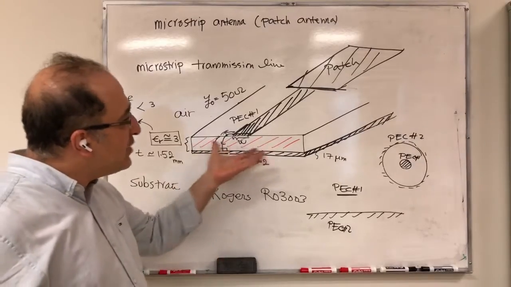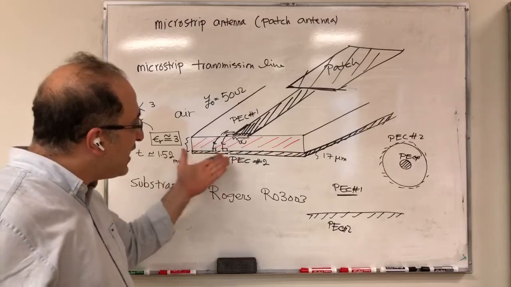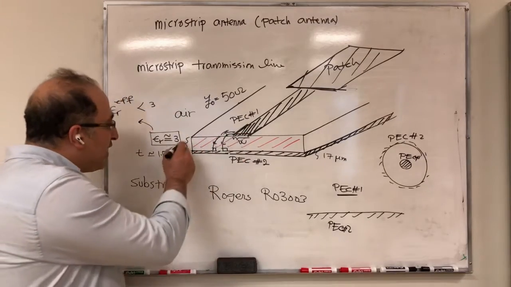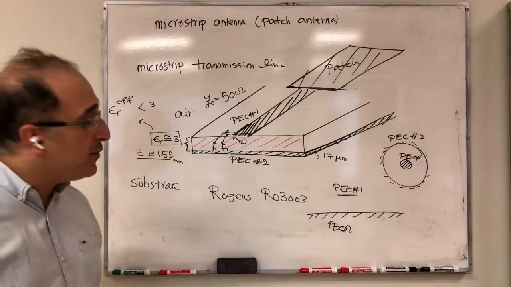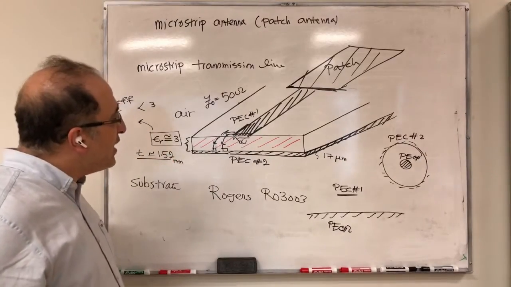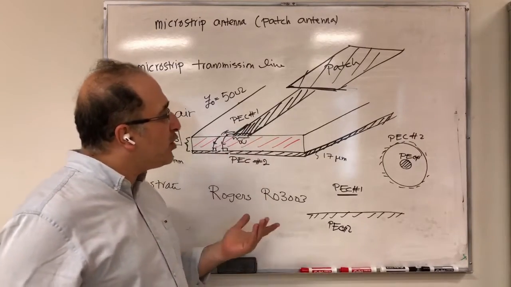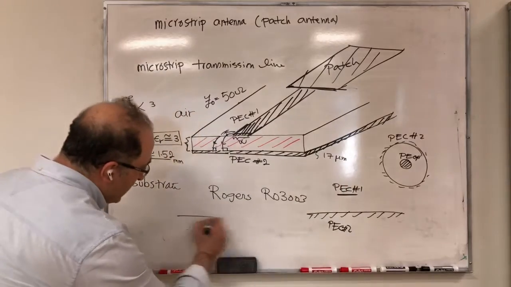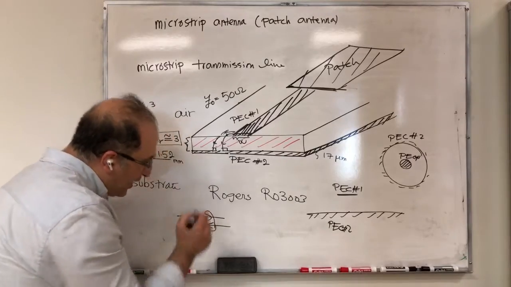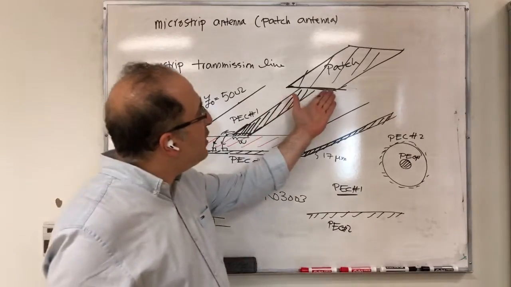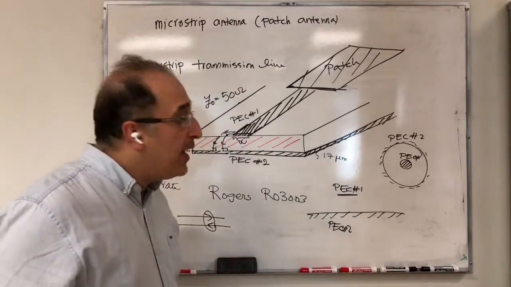So this is not a good radiator. Maybe it's not complete cancellation, but because these are extremely close, in this case 1.52 millimeter, you may say I have my cancellation, and this is not going to radiate, the same way that, for example, a two wire transmission line does not radiate. Now let's see what's happening at the patch that makes the patch antenna able to radiate.